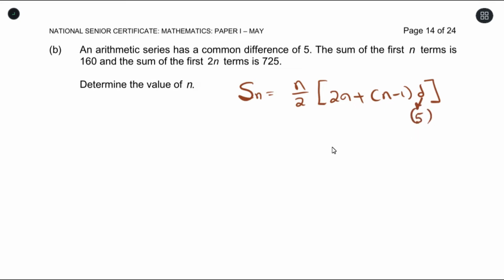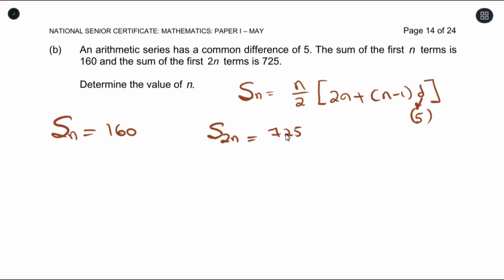Now, the rest of the question says the sum of the first n terms is 160. What that means is Sn is equal to 160. We were also told that the sum of the first 2n terms is 725. Okay, so this here means S2n is equal to 725. Now determine the values for n.